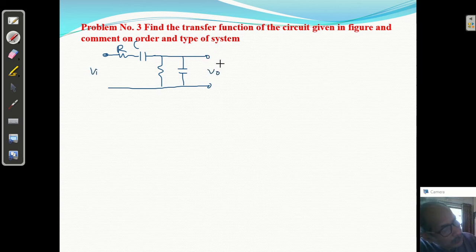Find the transfer function. So what is the first step? We will draw the transformed diagram. I'm going to draw the transform diagram.